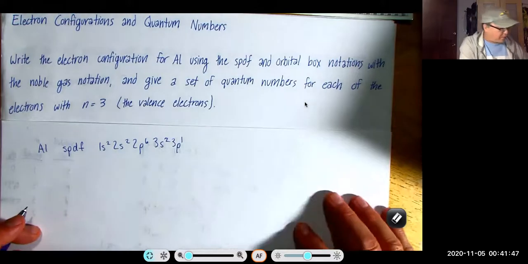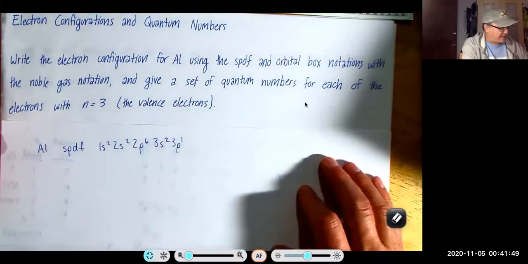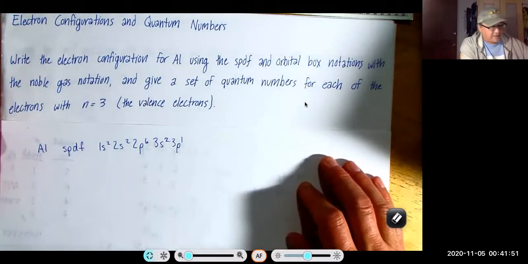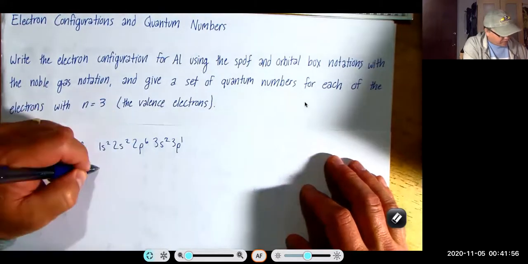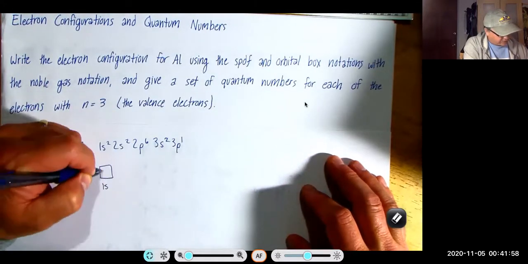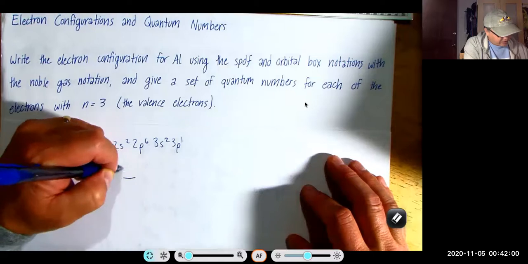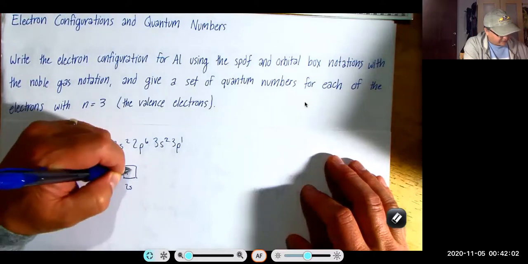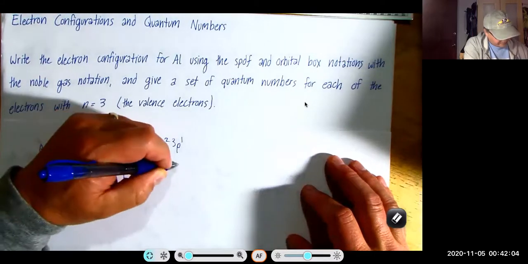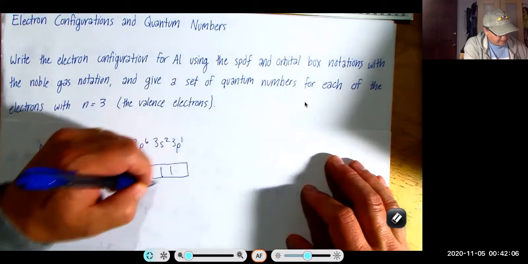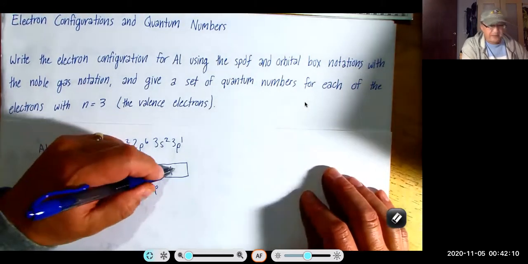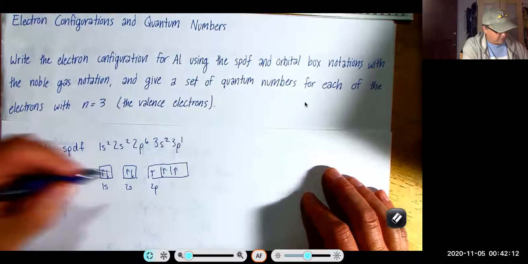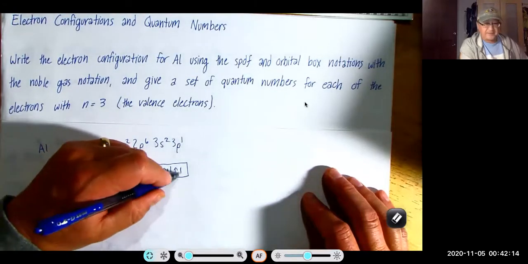So what would the orbital box notation look like? Well, here they're talking about the orbital box for this. So we would write 1s, 2 electrons, 2s, 2 electrons, 2p, 6 electrons, 1, 2, 3, Hund's rule, 4, 5, 6.